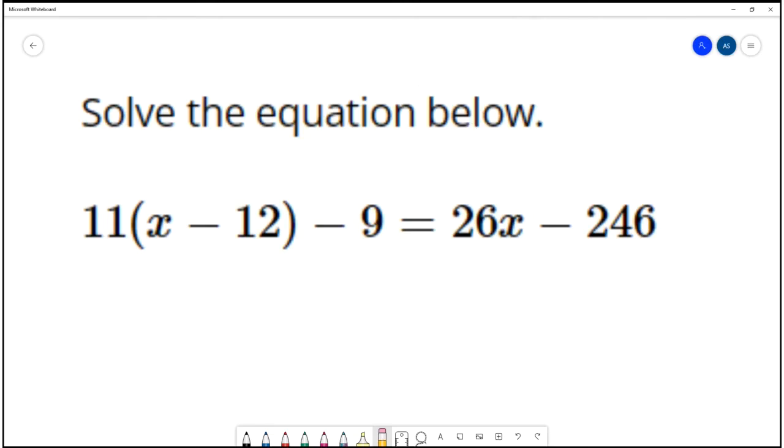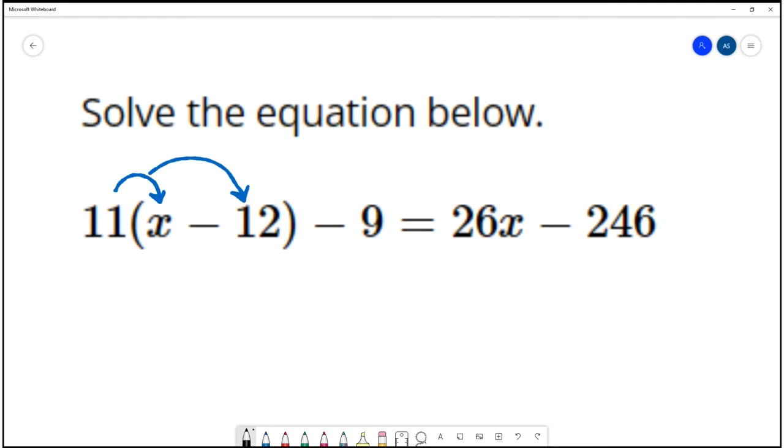Solve the equation below. 11 times x minus 12 minus 9 equals 26x minus 246. First, we want to make each side as simple as possible. So I'm going to remove parentheses using the distributive property. Then I'll combine like terms.